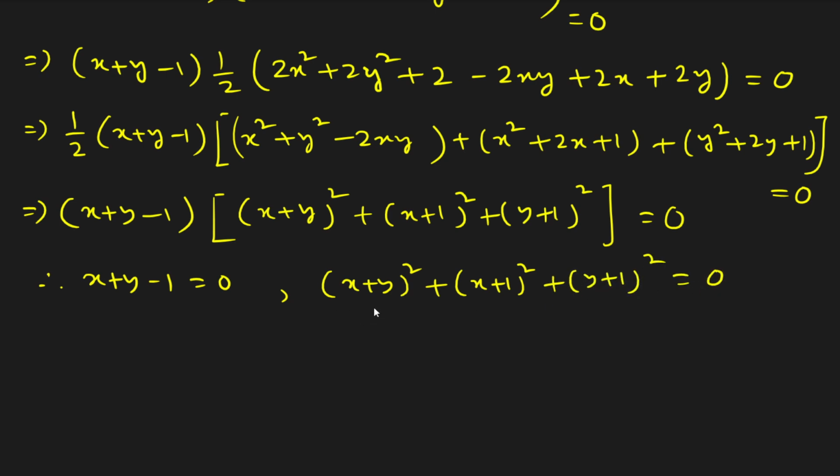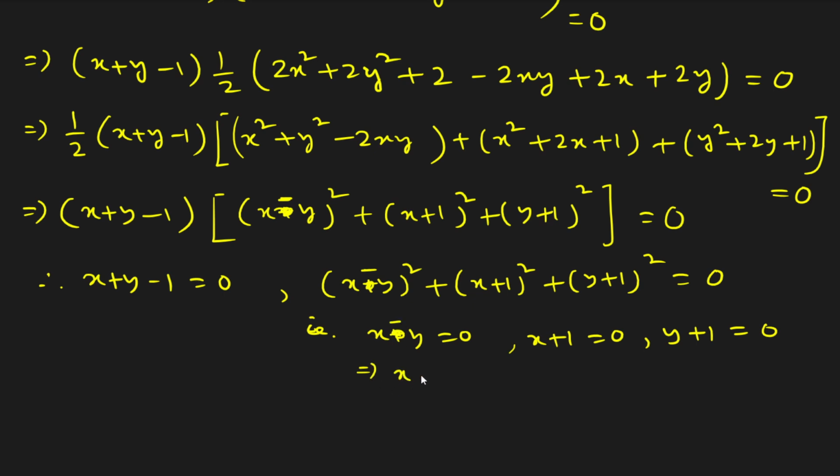Now this is of the form a square plus b square plus c square equals 0. This will be possible only if x minus y equals 0, x plus 1 equals 0, and then y plus 1 equals how much? 0. Okay, sorry, one more mistake I made. This will be minus.